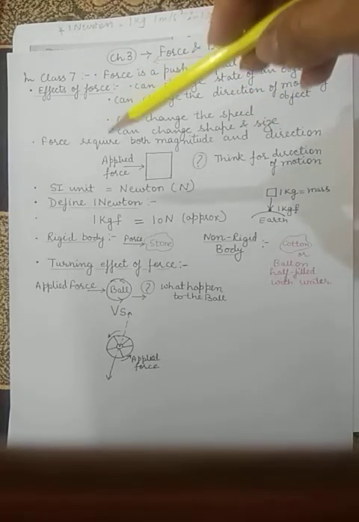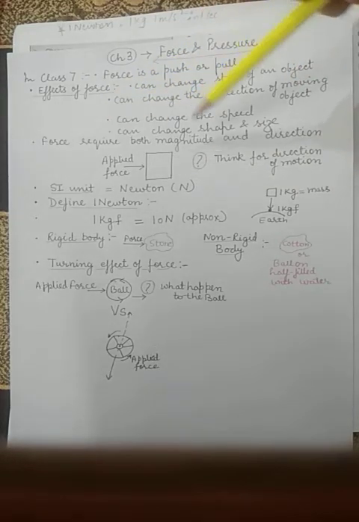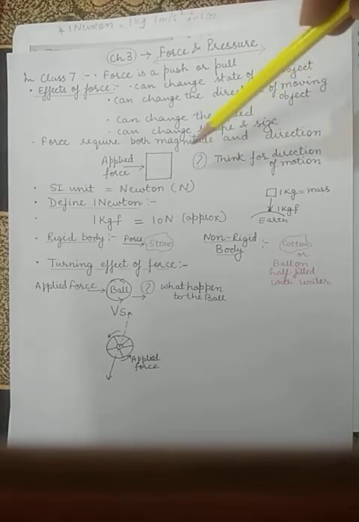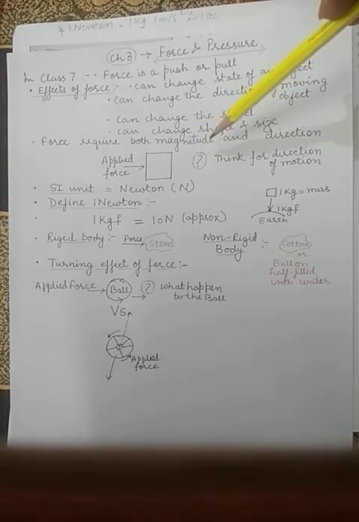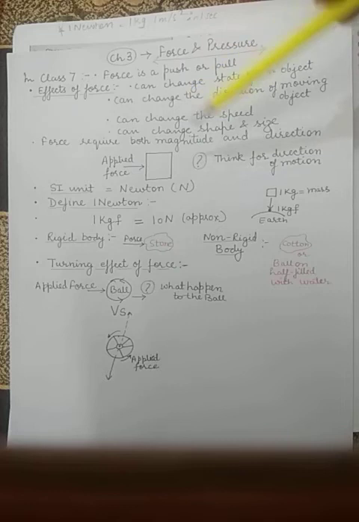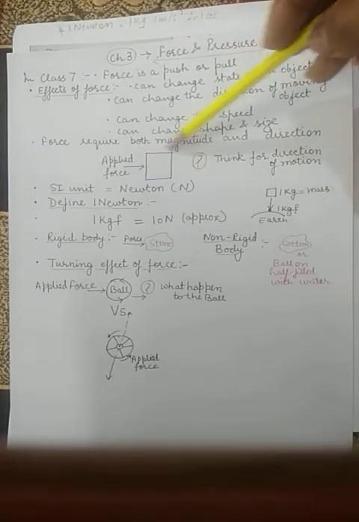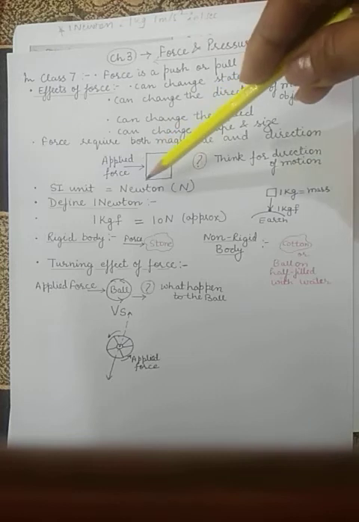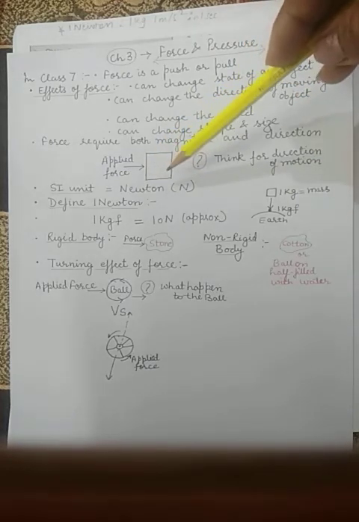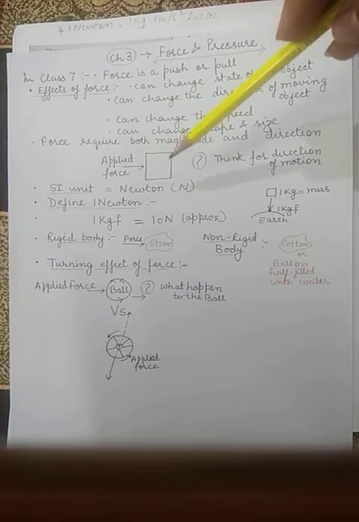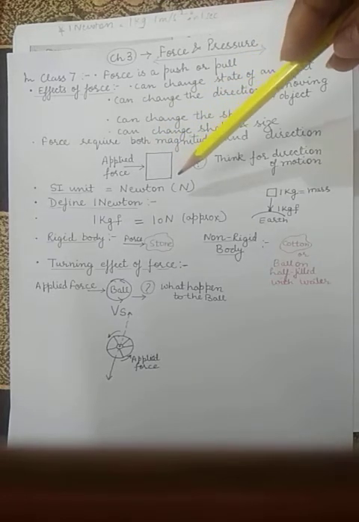Now the next important point is force requires both magnitude as well as direction. What we mean by the term magnitude is amount. Whenever we apply force on any object, we have to think about the magnitude. For example, this box is here. Say this box is of 100 kg. At that time, you have to think about how much force has to be applied.